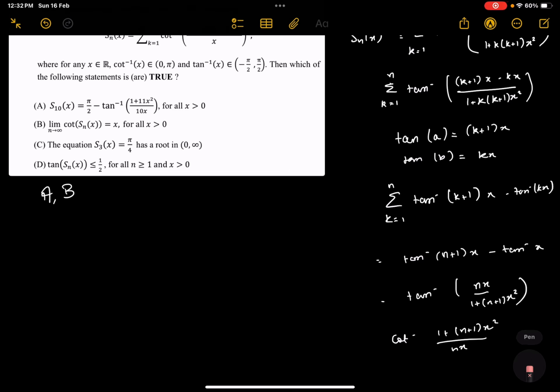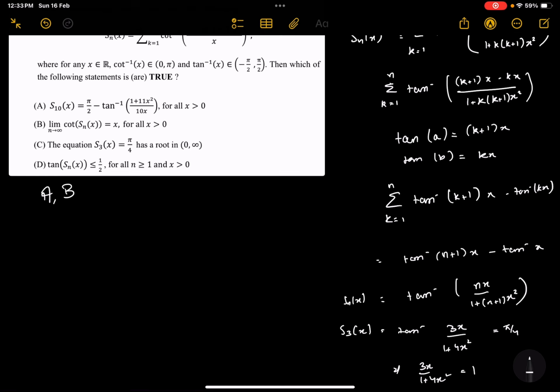Then we have S3x. S3x is tan inverse of 3x upon 1 plus 4x square. We want this to be pi by 4, which means 3x upon 1 plus 4x square equals 1.